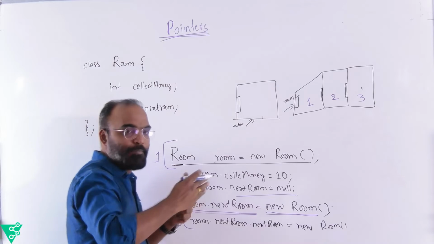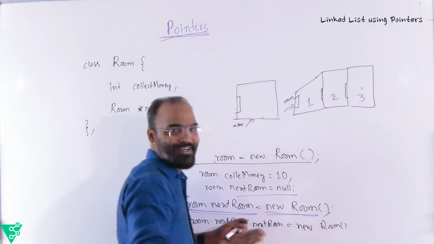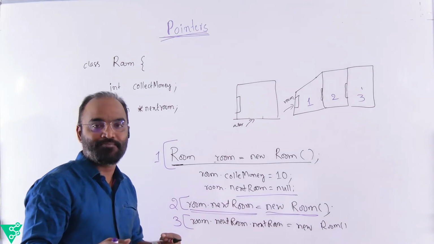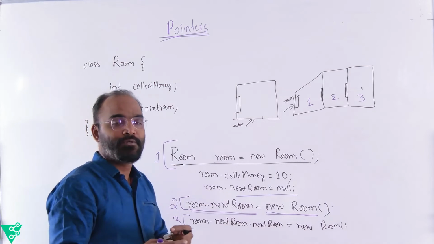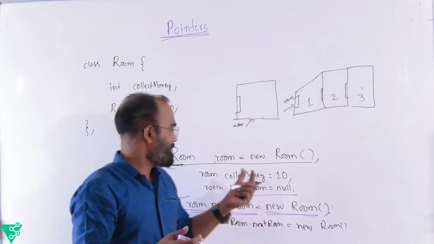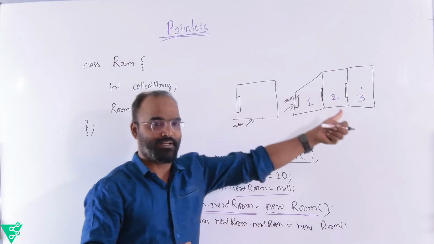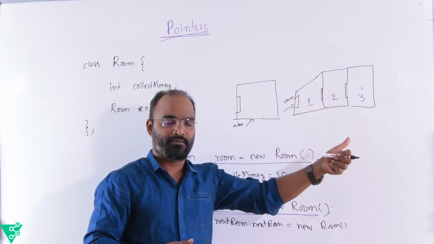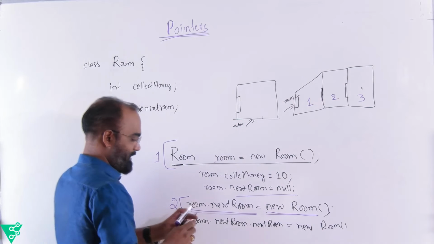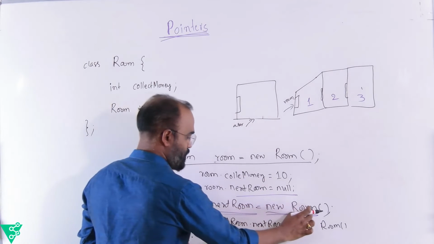Well, so you keep on doing that. But how long do we go? Room dot next room dot next room dot next room? No, that is not practical, right? So you could use another variable, another reference to this room object, and you keep moving that. So how would I represent that? Here room dot next room is equal to new room.